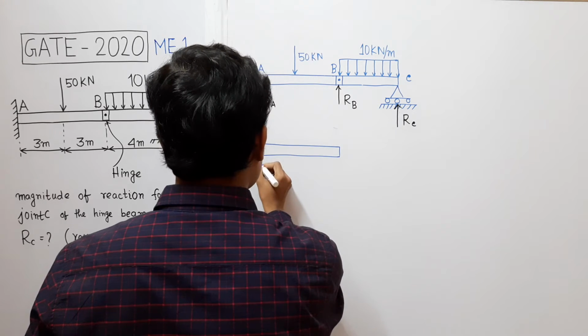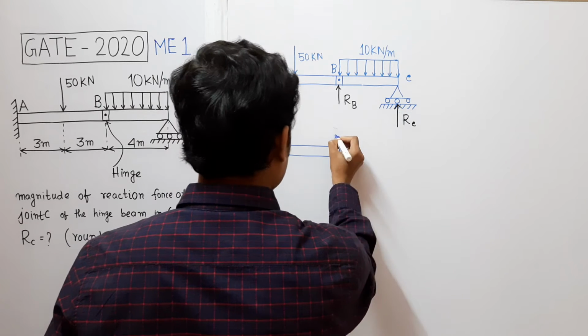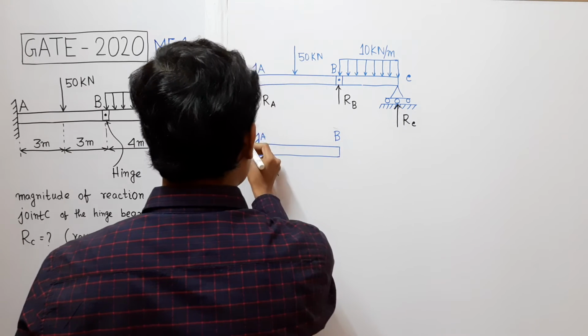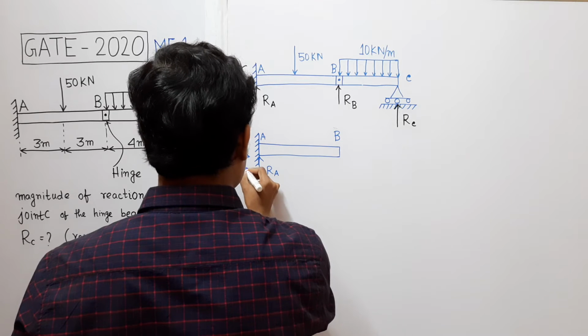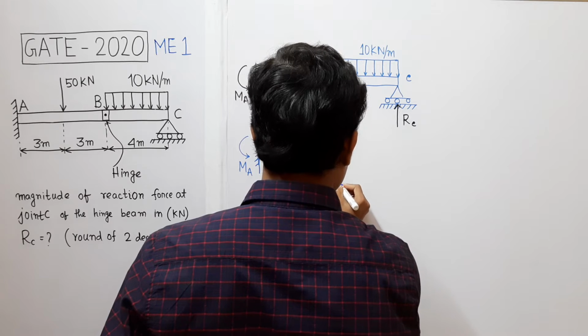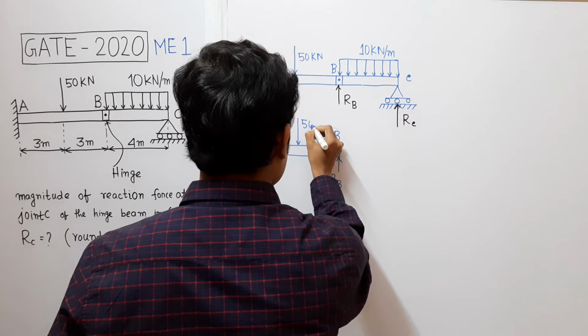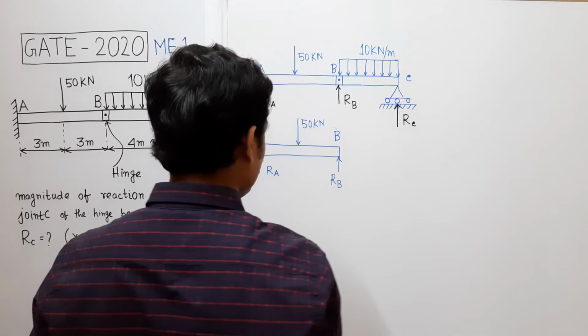This is beam AB, this is RB, and this is 50 kilonewton.